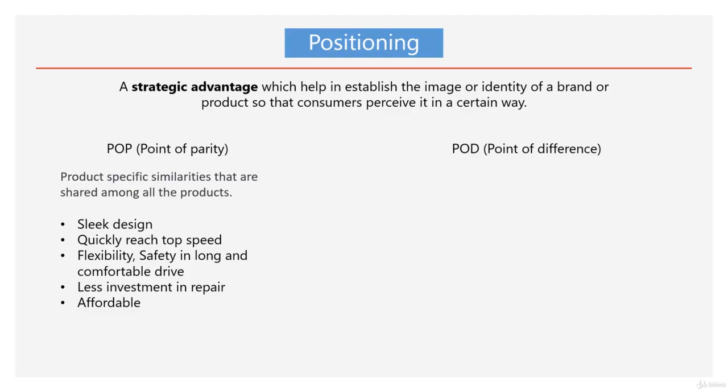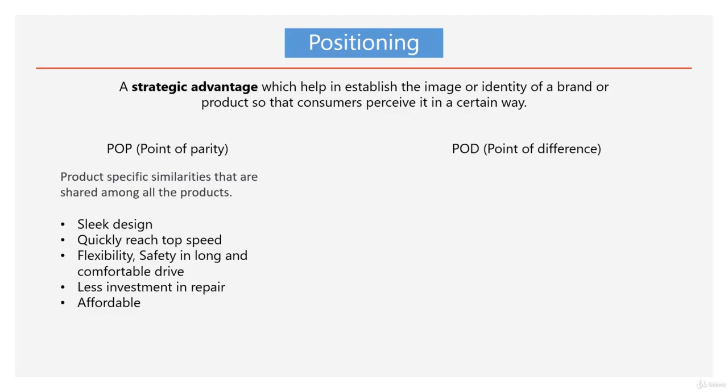For example, if you take an example of Tesla, so any normal car has a good sleek design. Any normal car needs to have a quickly reachable top speed. Any car should have a good flexibility in terms of safety, in terms of driving for long comfortable drive.